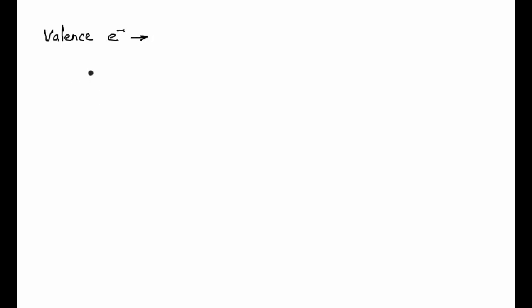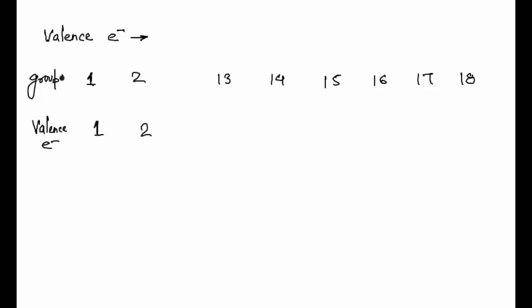So if you see the modern periodic table, this is group 1, group 2, then group 13, 14, 15, 16, 17, and 18. If valence electron is 1 or 2, your group number will be the same.